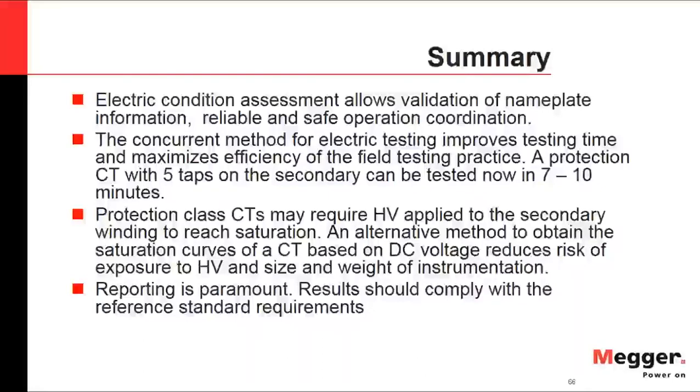Protection class CTs may require high voltage applied to the secondary winding to reach saturation, and the alternative method to obtain the saturation curves of a CT, as it has been discussed during this webinar, is based on DC voltage, which will reduce the risk or exposure to high voltage and minimize the size and weight of the instrumentation required. Reporting is paramount. Results should comply with the reference standard requirements.